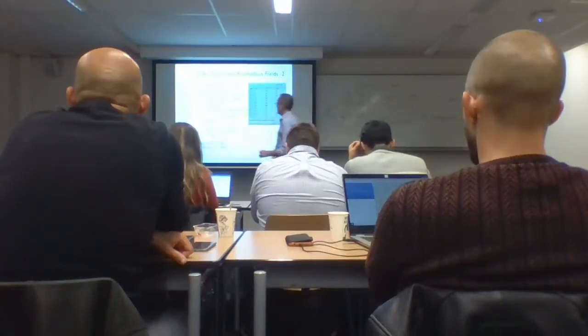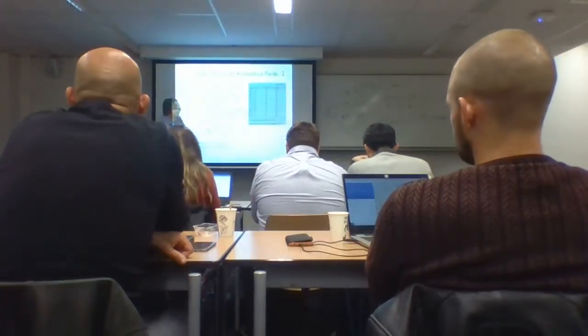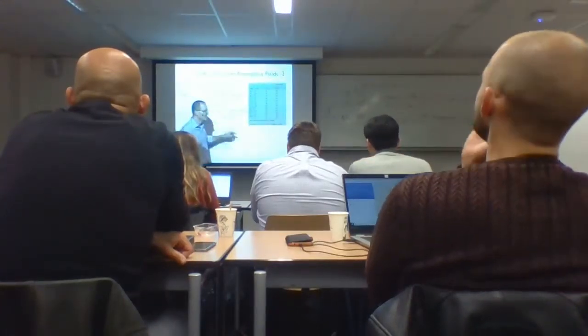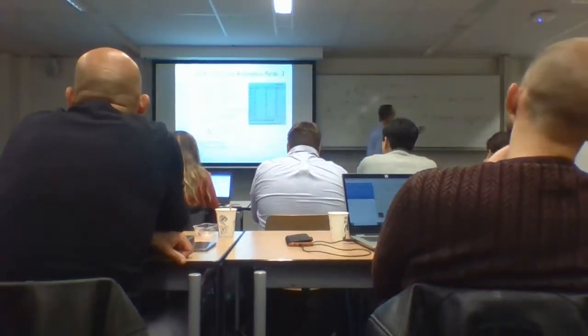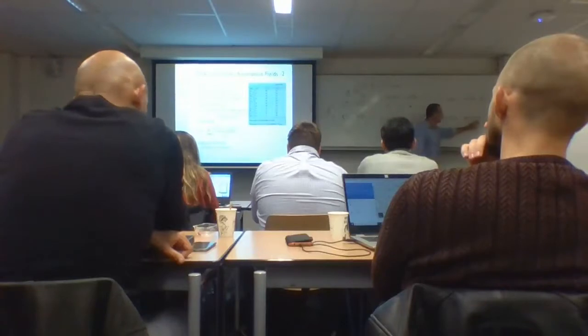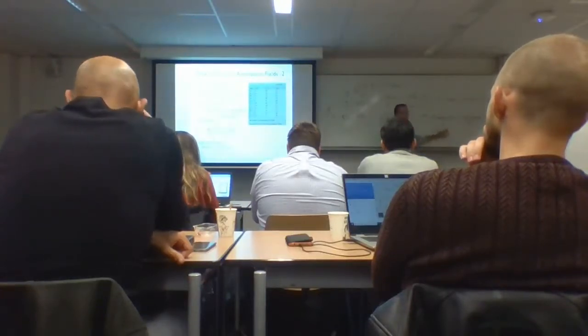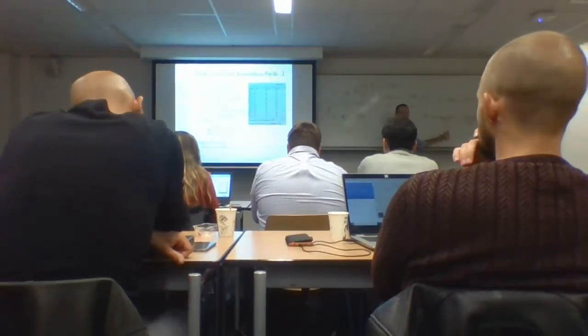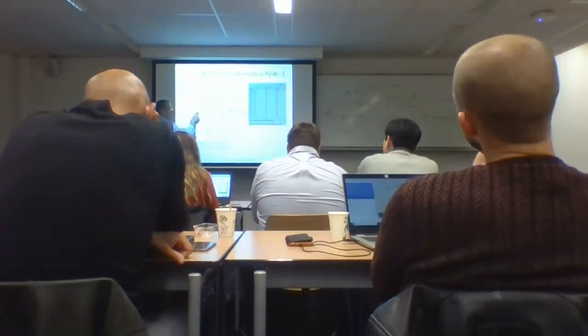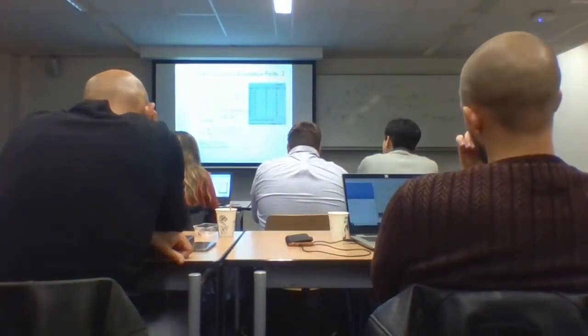So the expected frequency is just the row total times the column total divided by the grand total. Just like over here. So this is the first column total. This is the first row total, and we divide by n. So this is what we expect under independence, if they are independent.